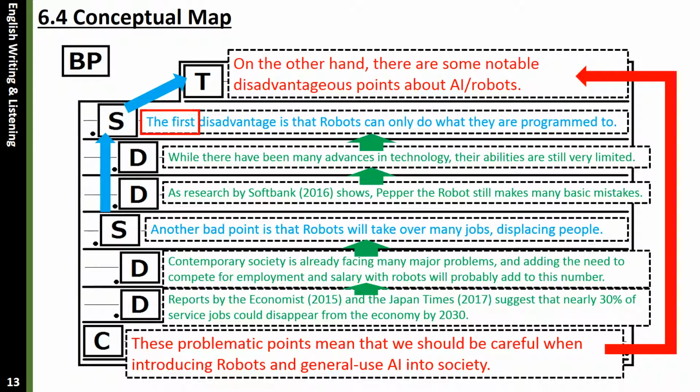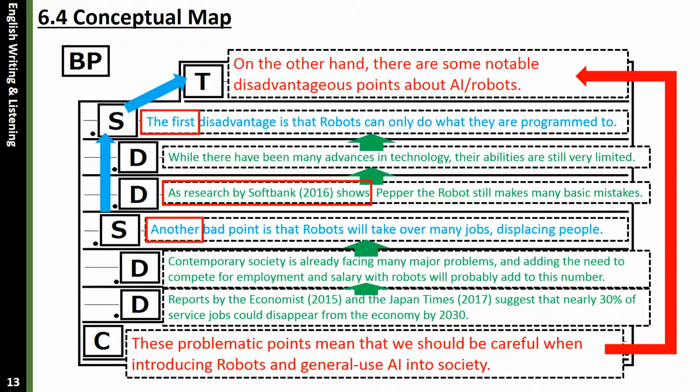As you can see in the second detail sentence, there is a piece of research written by SoftBank and published in 2016, with the in-text citation there to show that it came from that source. These support the first supporting sentence.